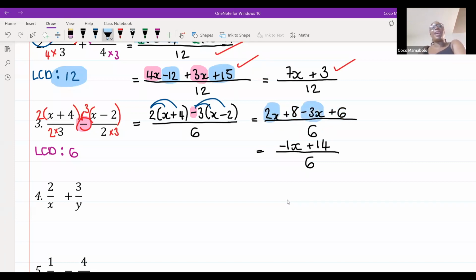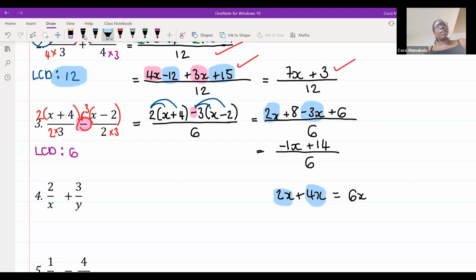Okay, yes, ma'am. Remember when we're adding like terms, if I asked you, what is 2x plus 4x? It's going to be 6x. Because what I'm actually asking is, if I have 2 x's and I add 4 x's, how many x's do I have?